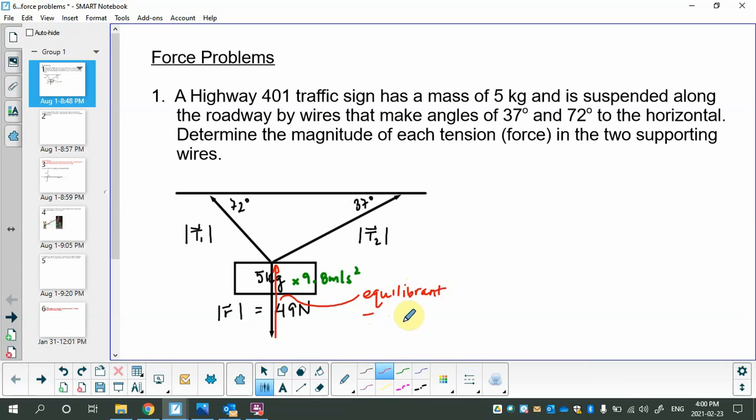And an equilibrant is the opposite vector to the resultant. So the resultant is opposite to the equilibrant. So now let's draw ourselves a picture that we can actually work with.